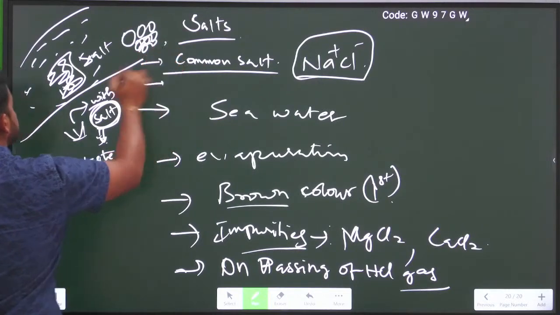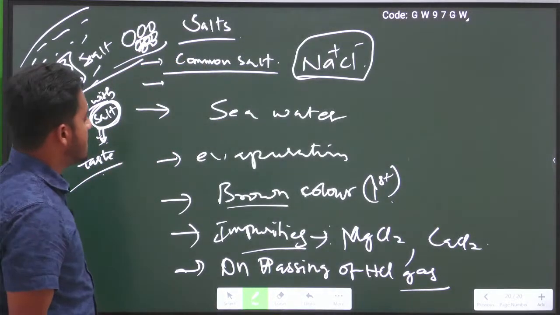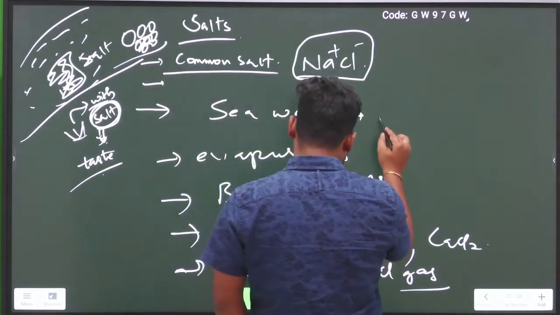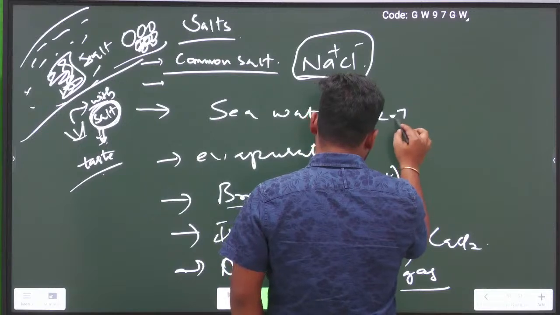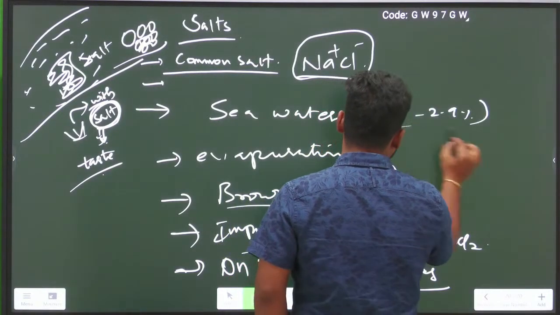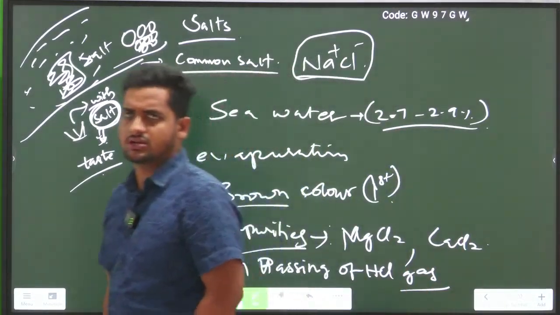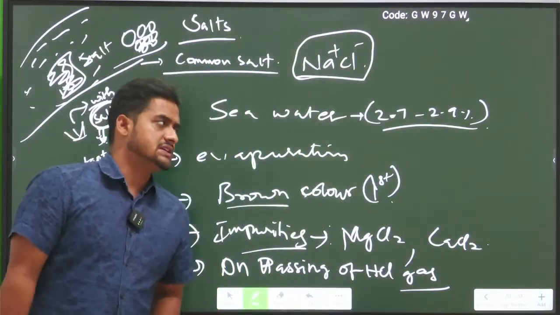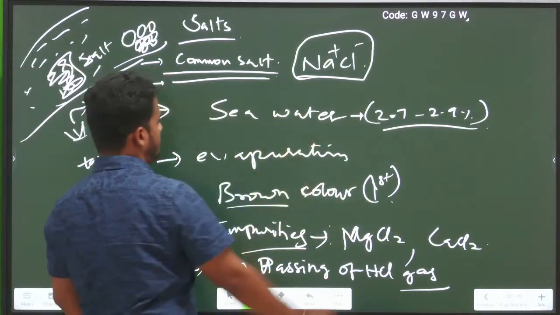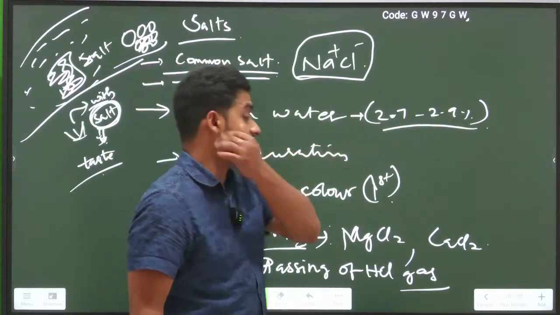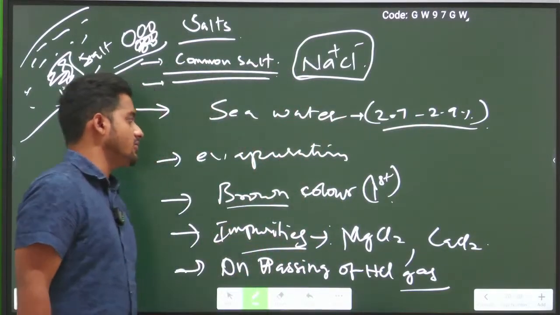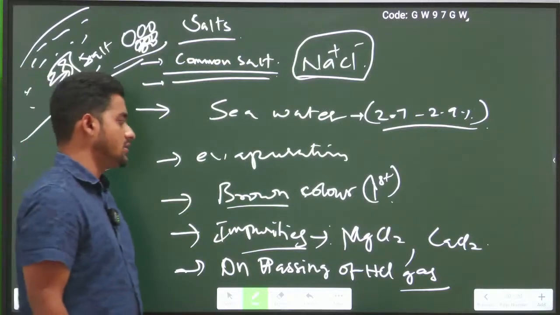They are nothing but salts. So salts mostly we can get from sea water. Sea water contains about 2.7 to 2.9% of salt. So we are going to get this from a method called evaporation.